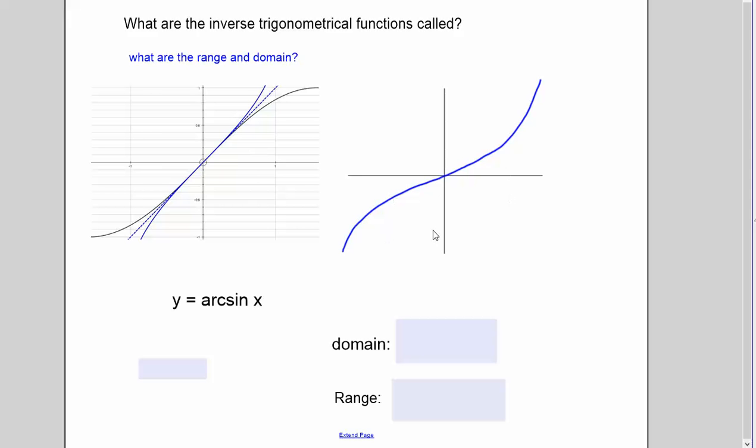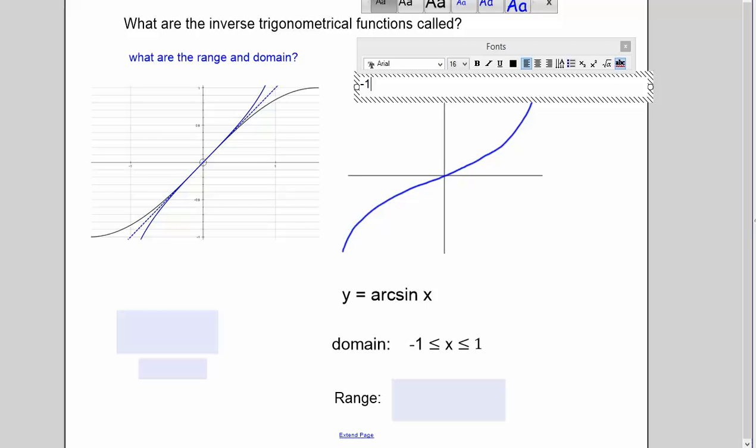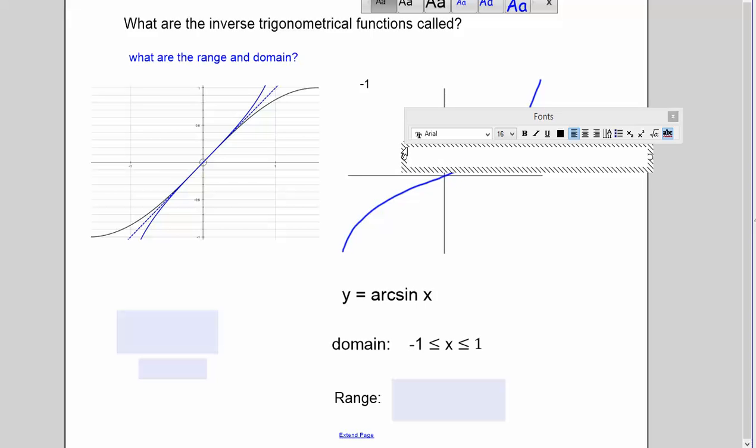So for our inverse function, y equals arc sine x, what's the domain? Well, if we remember, the range for our sine function was minus 1 to 1, so the domain must be minus 1 to 1.